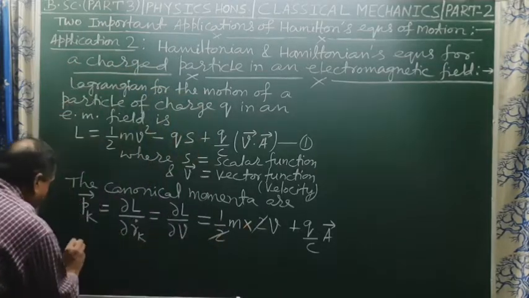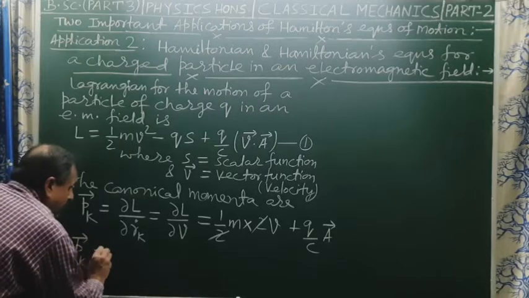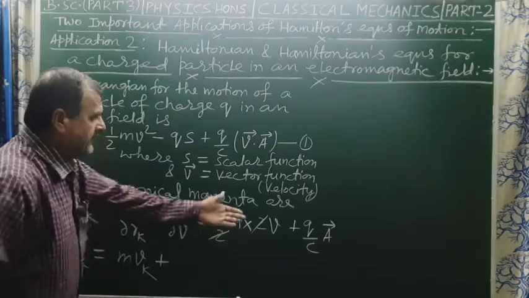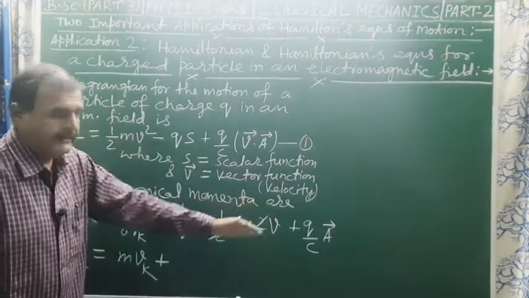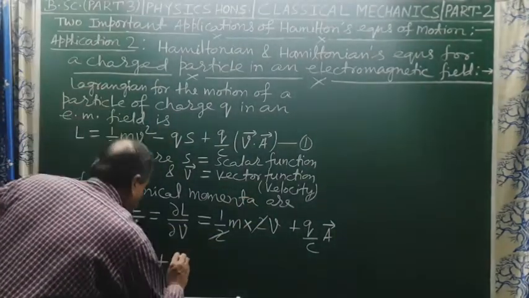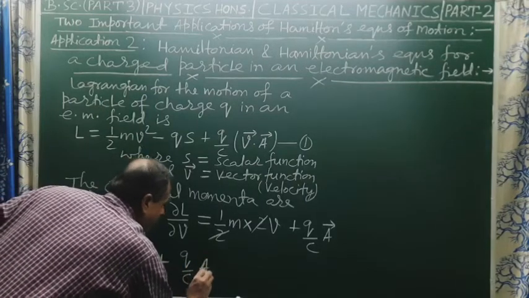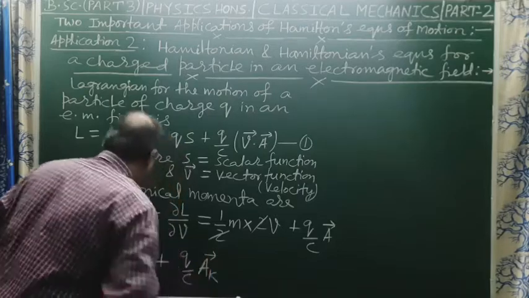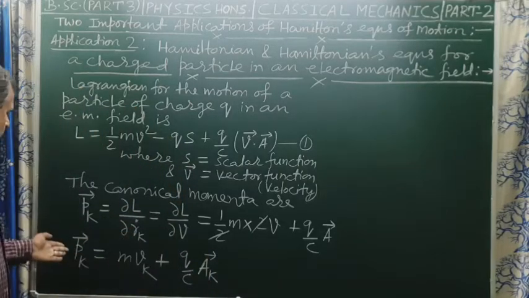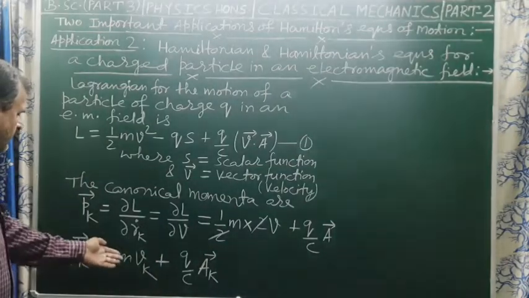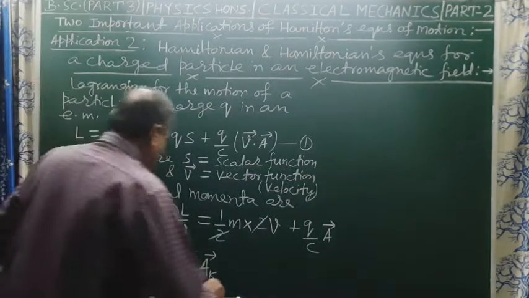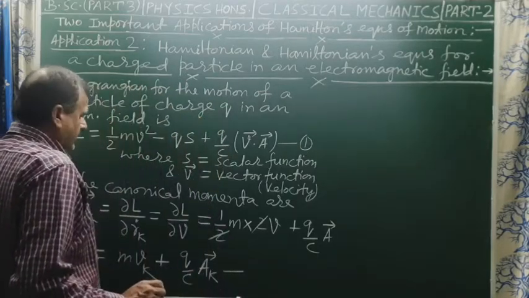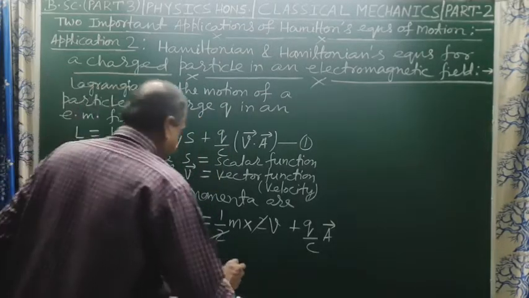So therefore pk vector is equal to m vk plus q by c ak. After generalizing it, for coordinates k, pk is equal to m vk plus q by c ak. This is the generalized momenta for generalized coordinate, the canonical momenta for generalized coordinate k, and this is equation number 2.